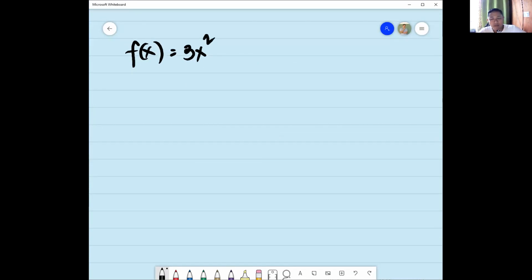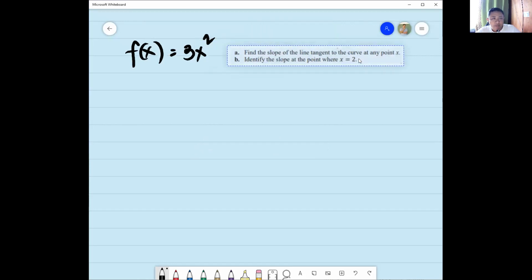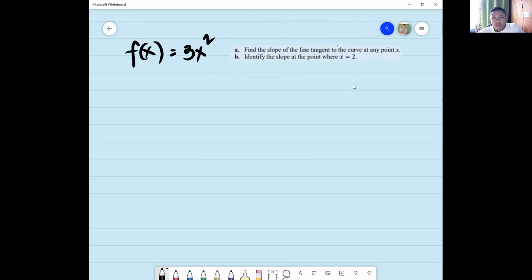Okay, this is our function. And we are asked to find the slope of the line tangent to the curve at any point x. When you say any point, in short, here we will use our limits.